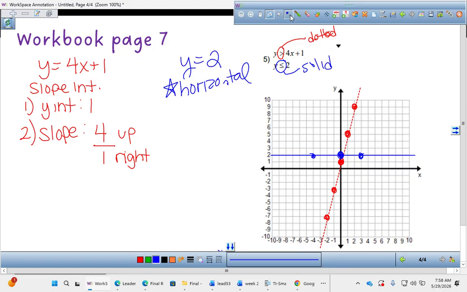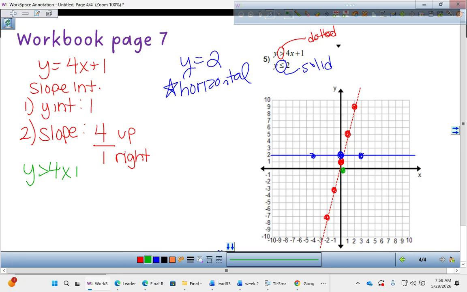Only one of those 4 is our solution. So we're going to test 0, 0. It looks like 0, 0 is just on this side of the red line. When we test 0, 0, we take the original inequality and put 0 in the y spot and 0 in the x spot.